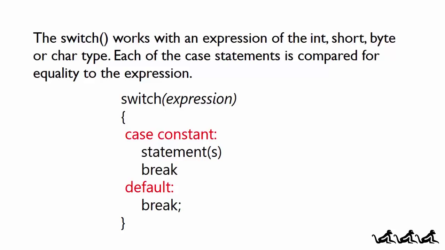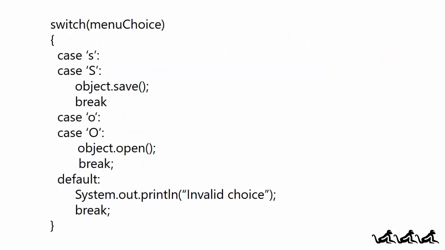Then we can run down a list of cases that are followed by a constant. This will make more sense when we look at this. So the user has entered a variable menu choice, and it's going to be a single character. And then we can evaluate every possible menu choice that they gave us.